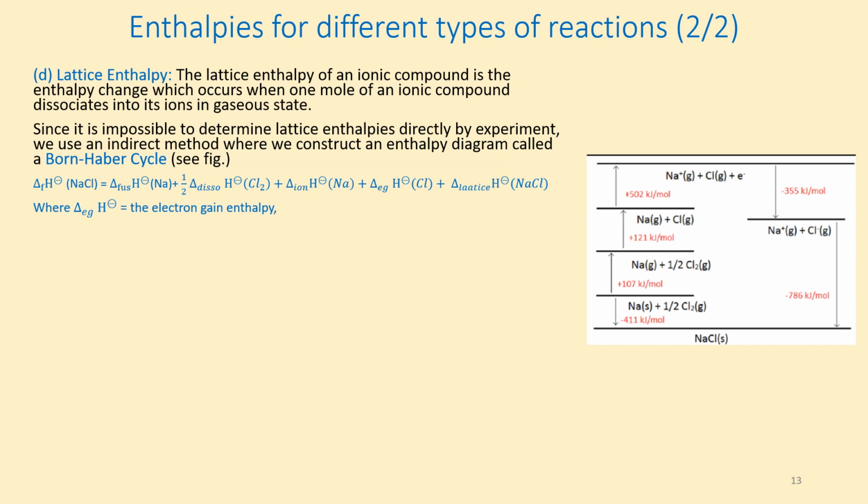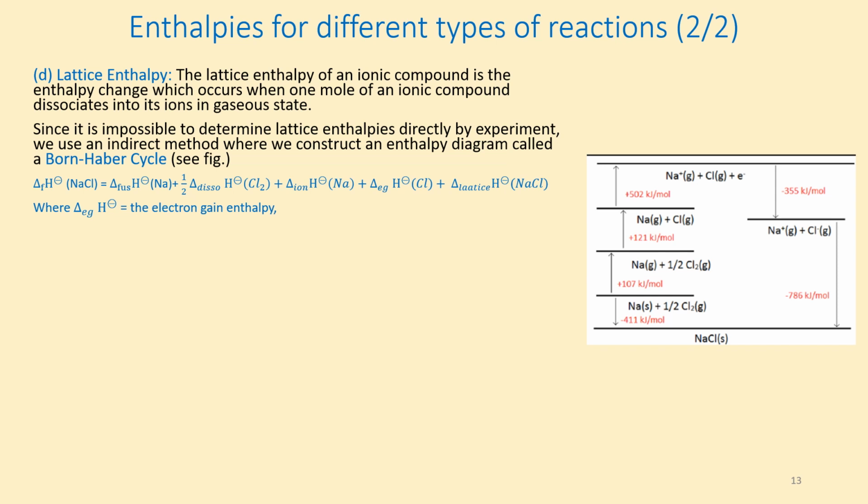The third one is half Cl2 gas to Cl gas, the dissociation of chlorine. The reaction enthalpy is half the bond dissociation enthalpy, that is half of delta bond H naught, equals 121 kilojoules per mole. The fourth one is chlorine gas gains one electron, that is in gaseous state, to form chloride minus in gaseous state.